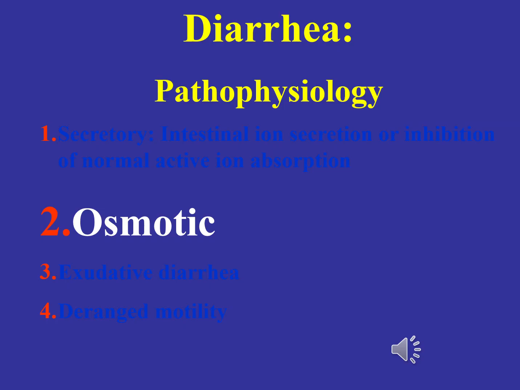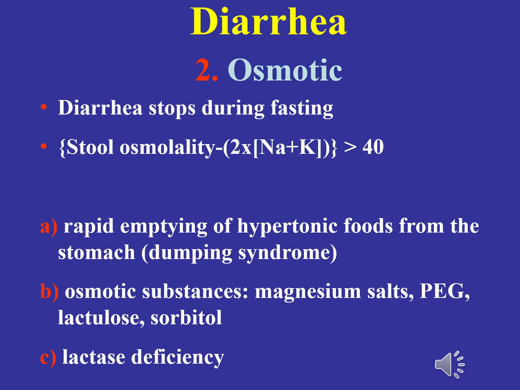Now we move to the second important pathophysiologic mechanism of diarrhea, which is the osmotic type of diarrhea, resulting from an accumulation of non-absorbable water-soluble substances in the intestine. Typically, the osmotic diarrhea stops upon fasting because once the ingestion of the non-absorbable substance is stopped, the diarrhea will stop.